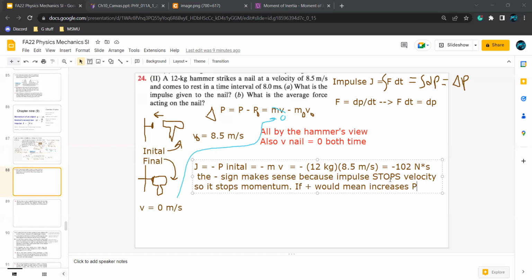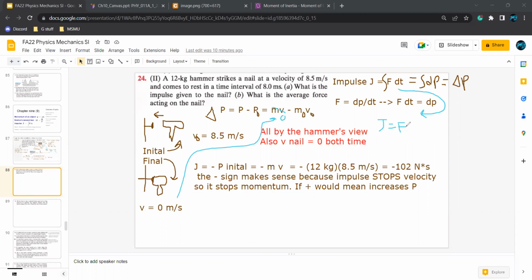We remember that J is equal to the integral of F dt. And you also know that this could also be J is equal to Ft, right? Because the force is average.